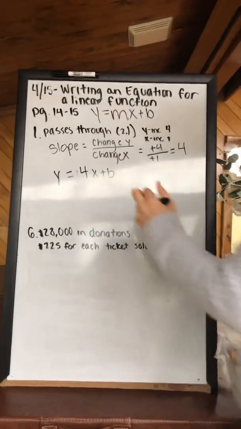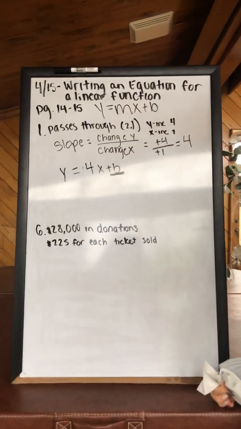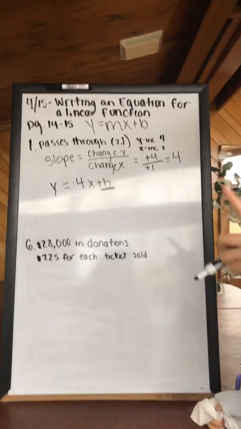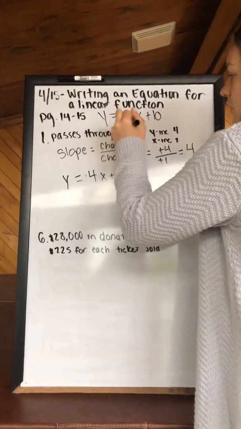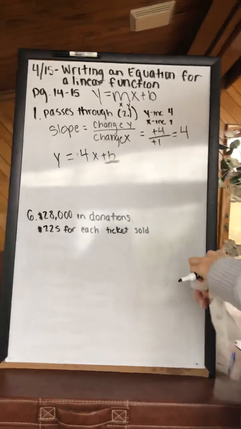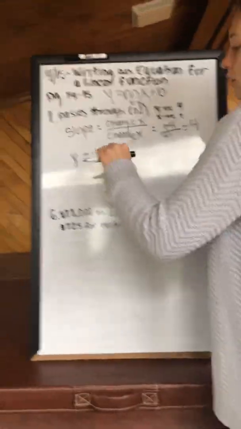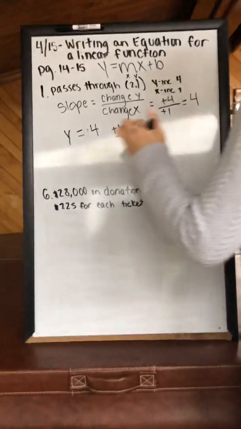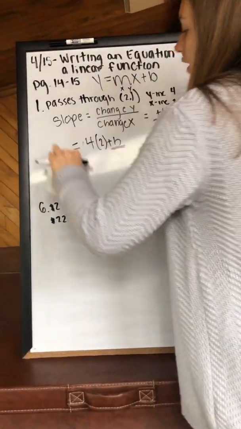Our unknown is b, our y-intercept. We don't know b, but we do know an ordered pair. We know an x value and we know a y value. In an ordered pair, the first number is x, the second number is y. So let's plug (2, 1) into the equation. X is gonna be 2, we're gonna plug 2 in, and y, we're gonna plug 1 in.